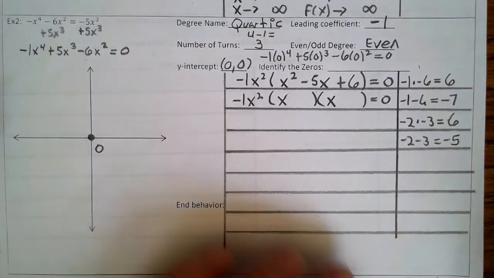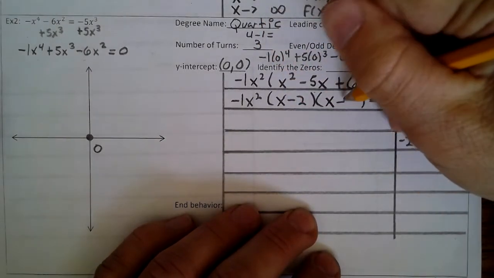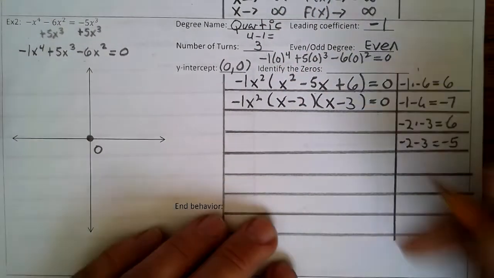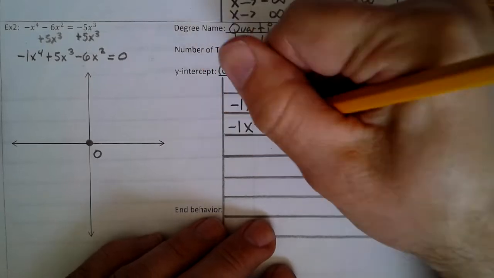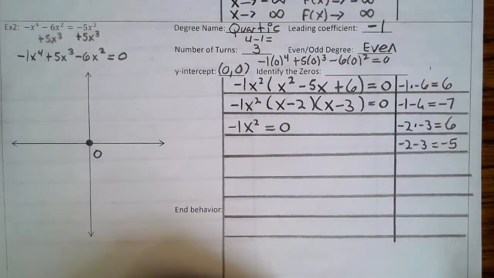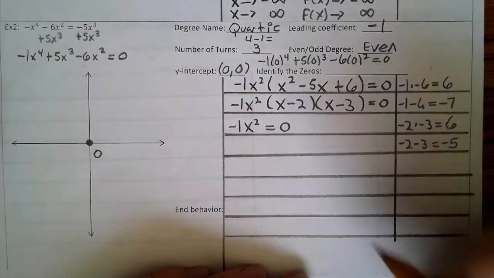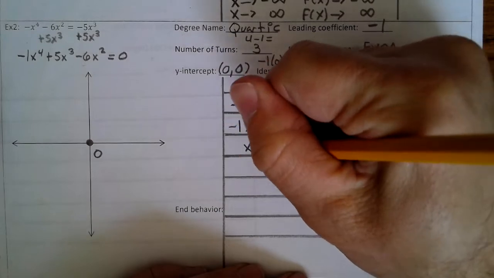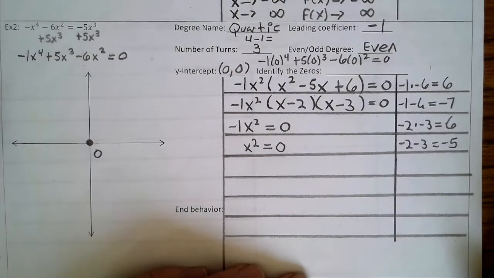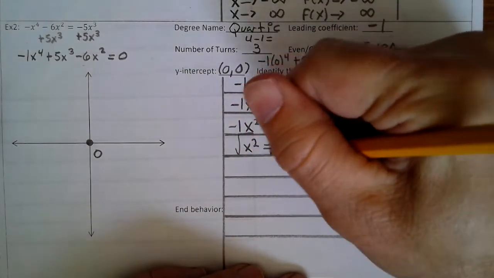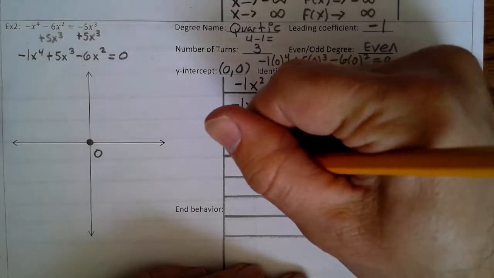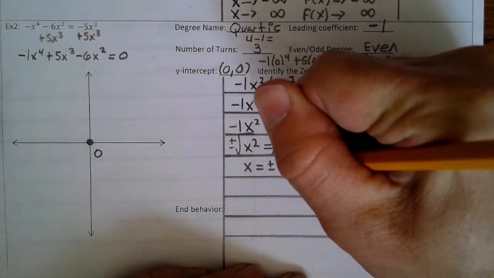So -1x squared equals 0. Divide both sides by -1. So x squared equals 0. Take the square root of both sides. Remember, square root is plus or minus. So x equals plus or minus 0, or 0 multiplicity of 2.